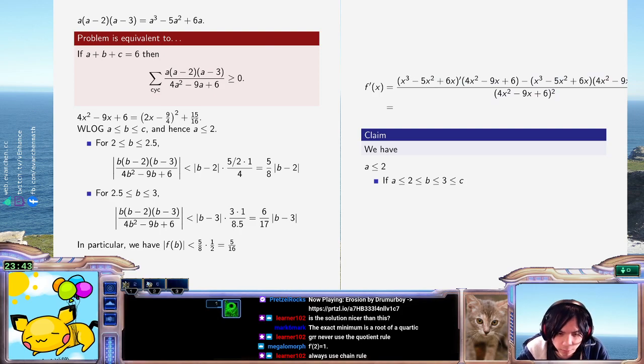Okay, so we're going to bound this. So let's take that derivative, 3x squared minus 10x plus 6, and then 8x minus 9.